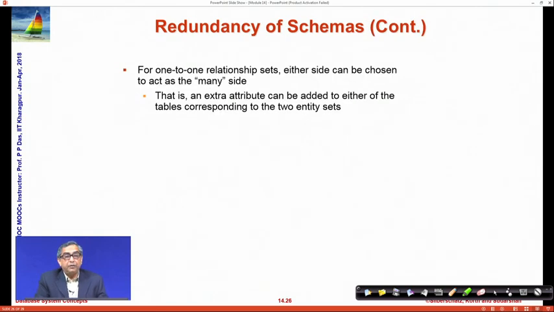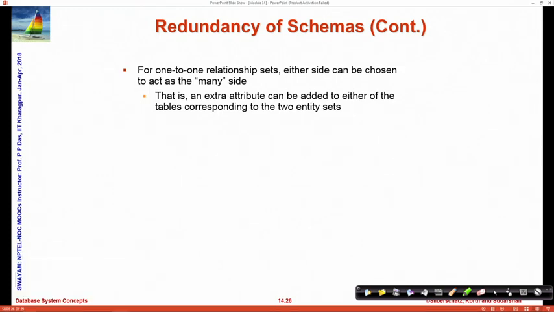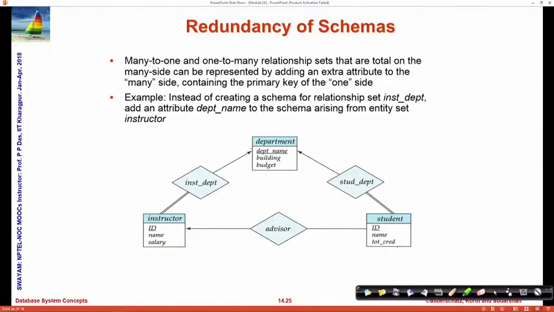But if you have a one-to-one relationship, then naturally you can do the similar reduction by choosing either side as the many, because the unique side has to come on the many side. The unique side here, because every instructor has a unique department, and this is the many side here. So, the unique side primary key has to come in here.